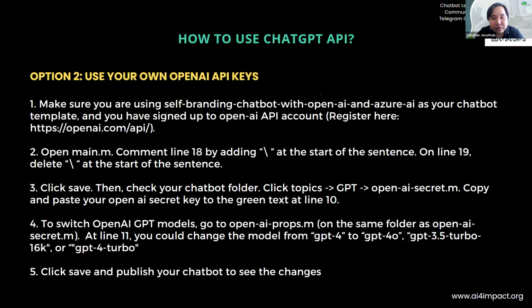But if you want to explore more advanced GPT models, we also have a way for you to use OpenAI API keys. As far as I understand, they have a lot more models to explore. The latest one, GPT 4.0, has image processing capabilities as well.